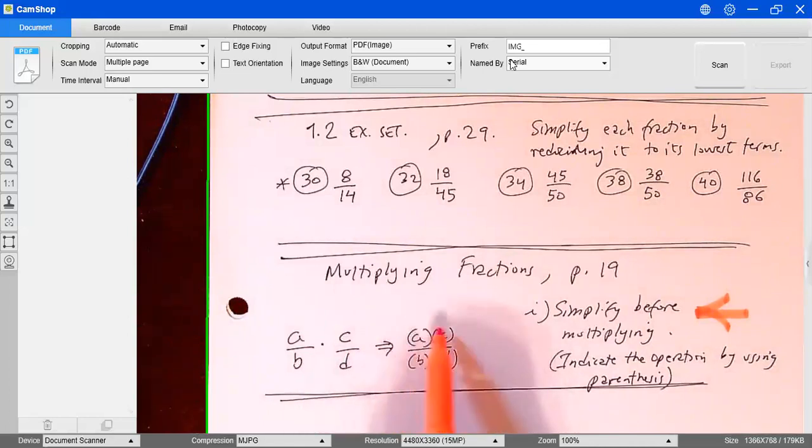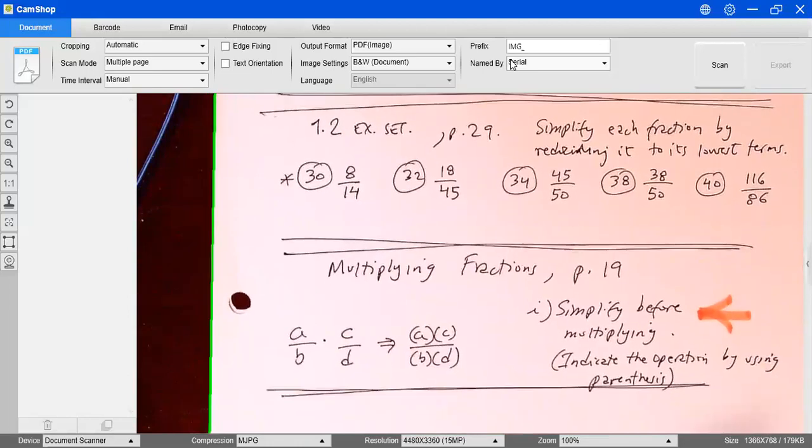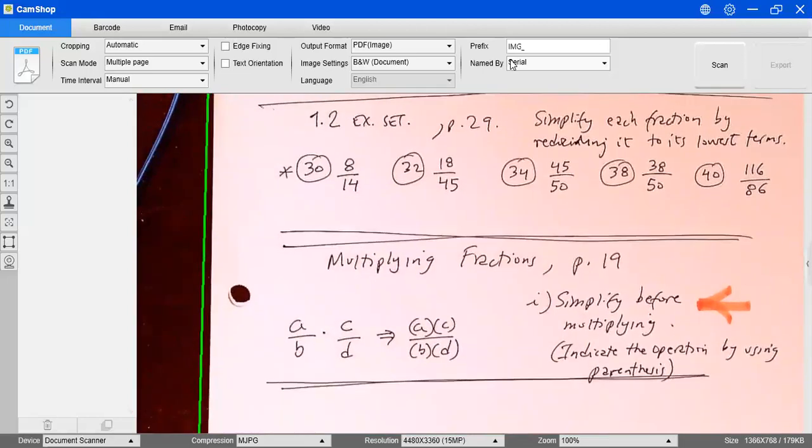Then you're gonna examine, and you're gonna look for common factors. You simplify, and only once you have finished the simplification part, then you proceed with the resulting operations.